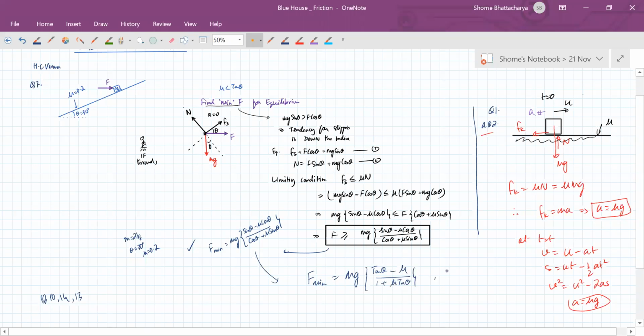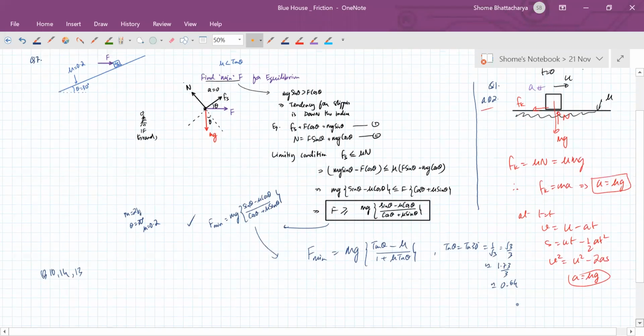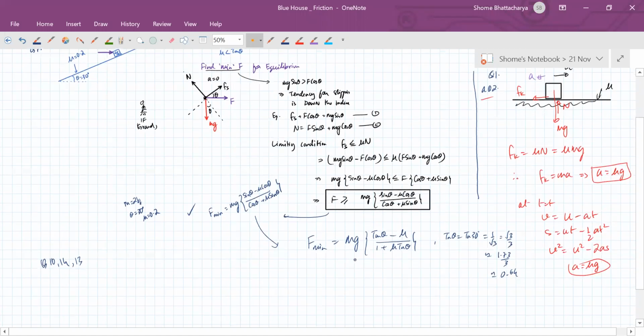Okay. Now your tan theta here is tan 30 degrees, which is 1 by root 3, which you can write as root 3 by 3. So that is approximately 1.73 divided by 3. So that is approximately 0.64. Okay. And I think you have to take g as 9.8. I'm not sure, is it given 9.8 or 10? Nothing is given. So let's take it as 9.8.